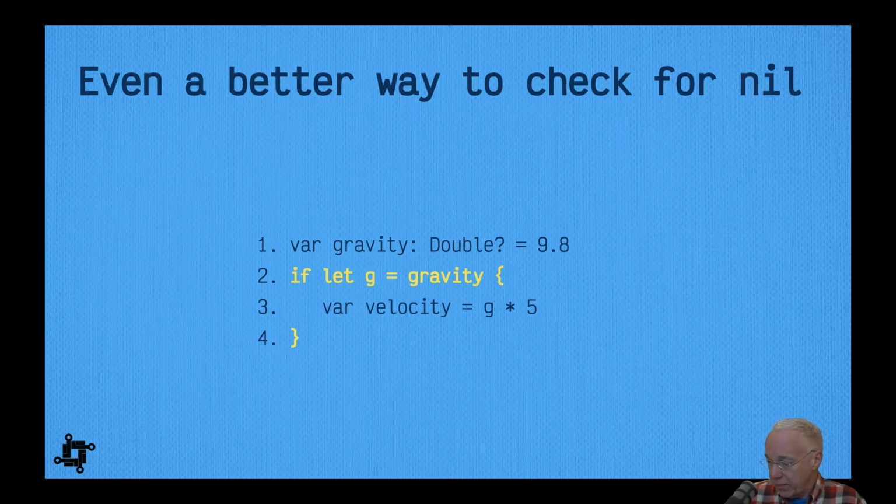But if gravity does have a value, it will put that value into g, puts it into that new variable, and now we can reference g, and we don't need to force unwrap it because g is not optional. G is just the constant here. It's a let of g, and this did the unwrapping for us as a part of this statement. So here we can just refer to g without doing the exclamation point or bang at the end of it.